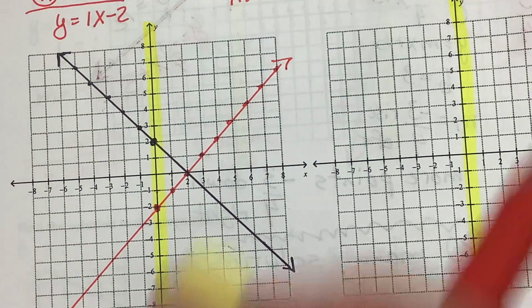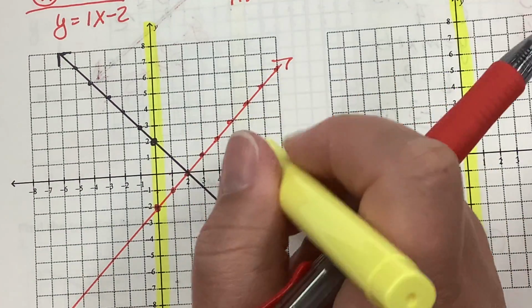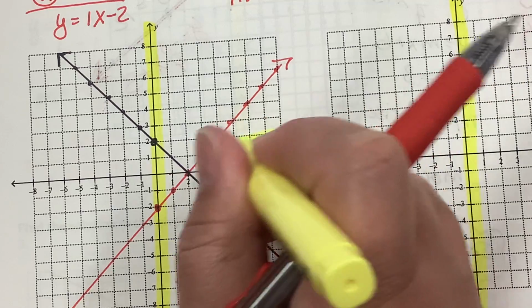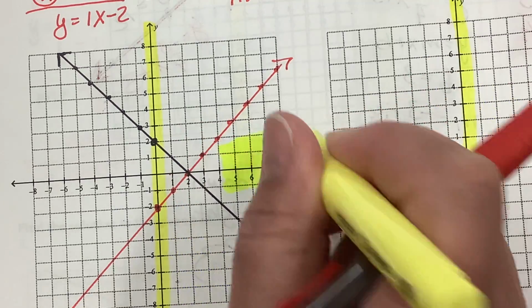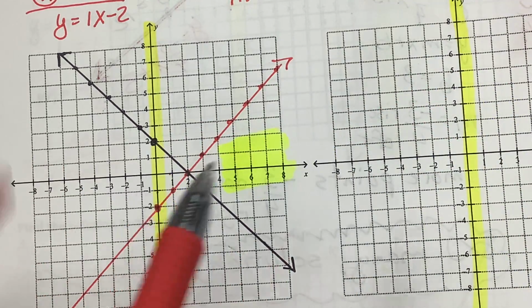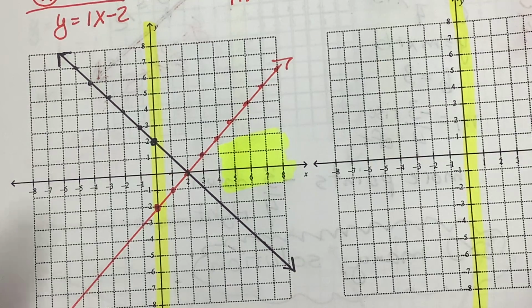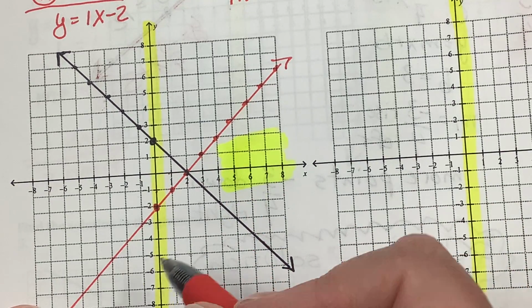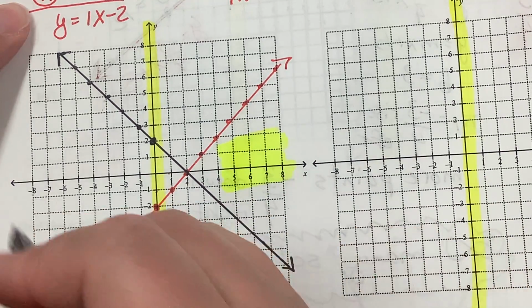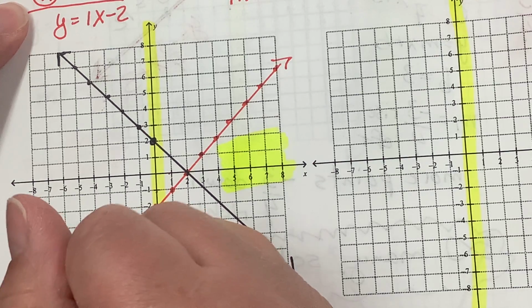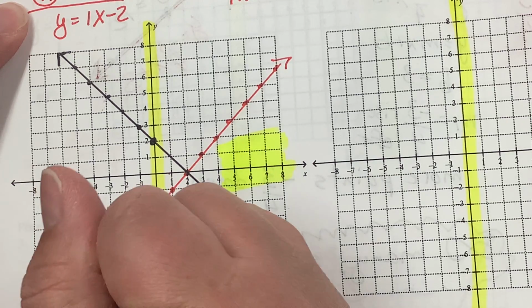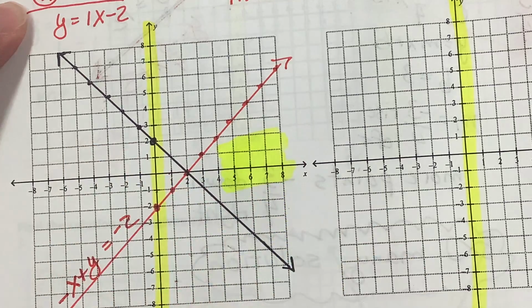So I know that that's the solution. So I'm going to highlight over here a little bit. I like to write my solution in highlight. Why? So that you can see it and I can see it. Right. Write the original equation on the line. The original equation is -x plus y equals -2.